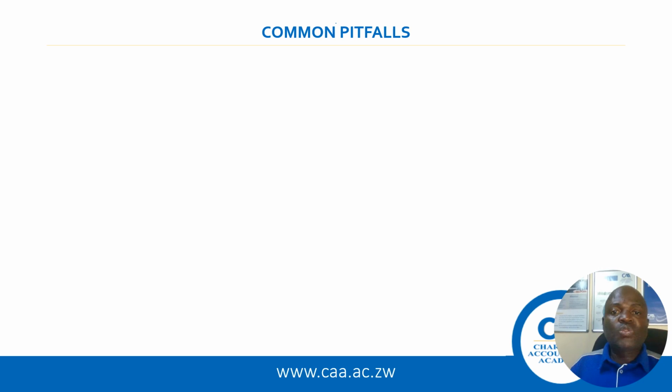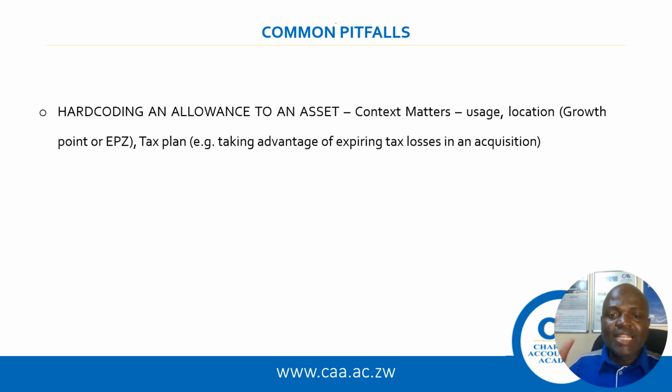A common pitfall for students is hard coding an allowance to an asset. You've studied and seen a motor vehicle treated in a certain manner, but you then forget that every time it is better to go through the asset classification, allowance, understanding, and then the tax planning objective, and then come up with the suitable response for that examination on that day.